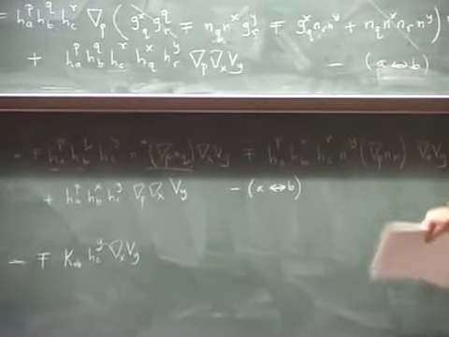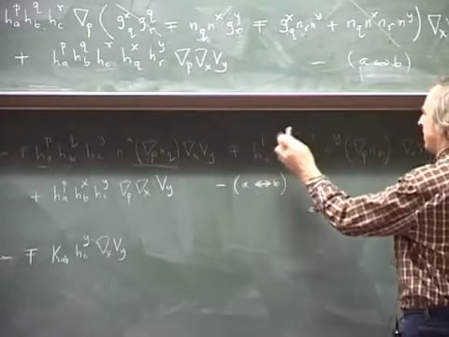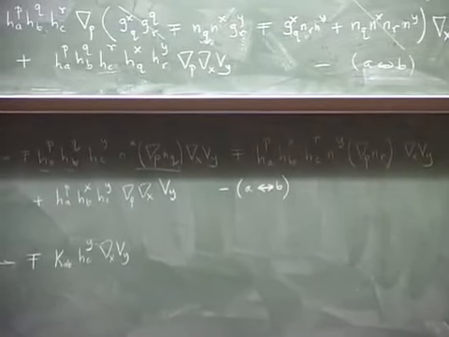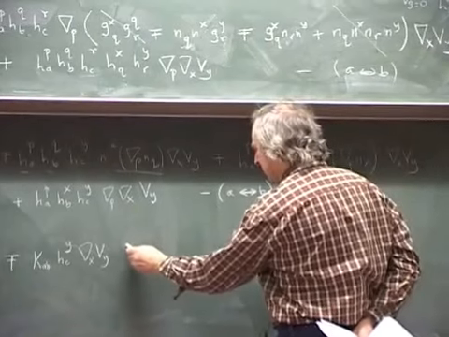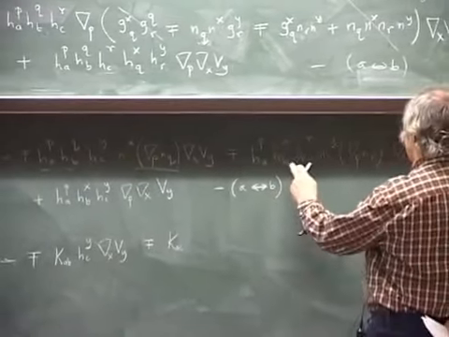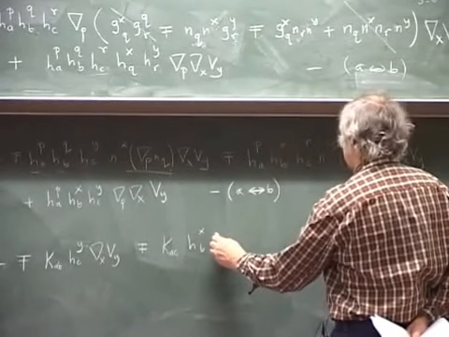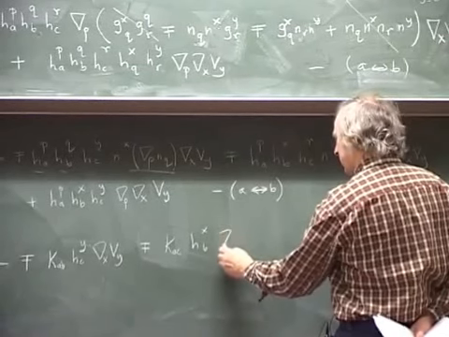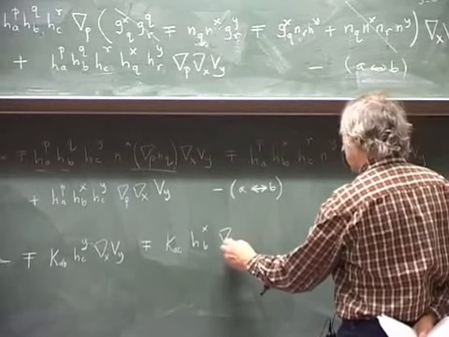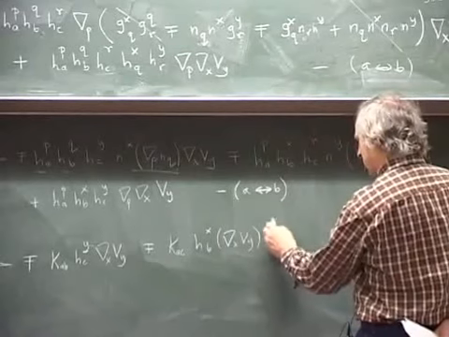From this term, it's much the same. You've got del P NR projected with HAP HRC, so that's going to give me KAC. So I get minus or plus KAC HXB del X Vy and an NY from here.